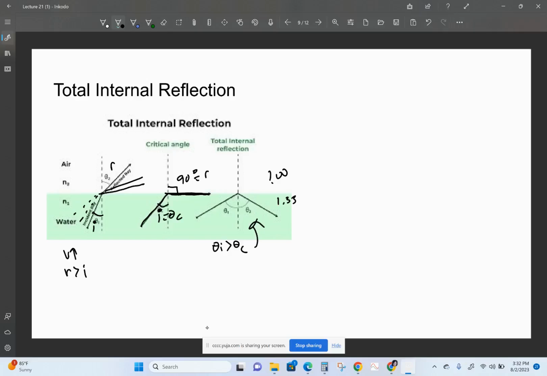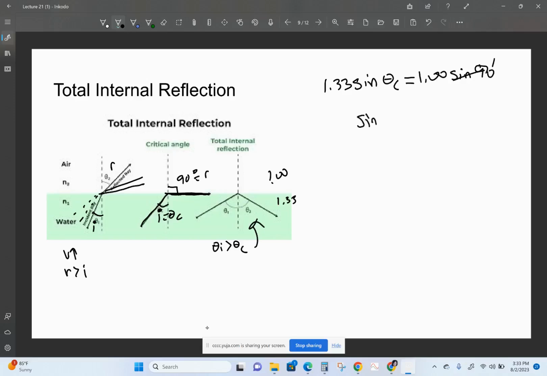So the critical angle happens when 1.33 times sine of the critical angle is going to be equal to 1.00 times sine of 90. Well, sine of 90 is 1.